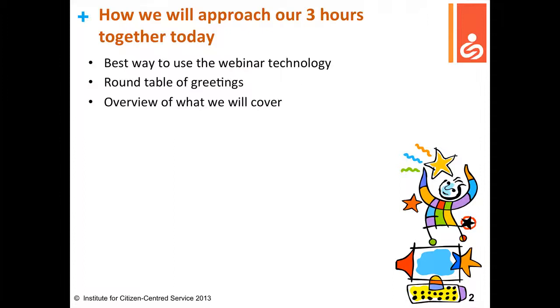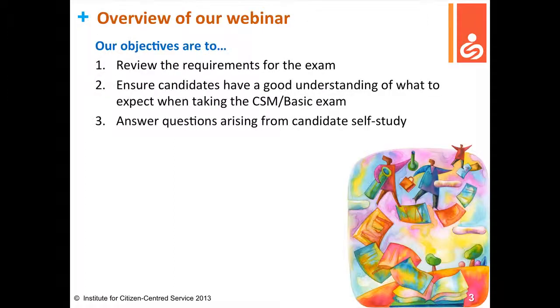So given all of that, I'm going to move right into the material that we're covering today and give you a sense of what it is we need to work through. We have three objectives today. The first one is to talk about the exam, go through what the exam includes, and look at what you might need to do to be well prepared for it.